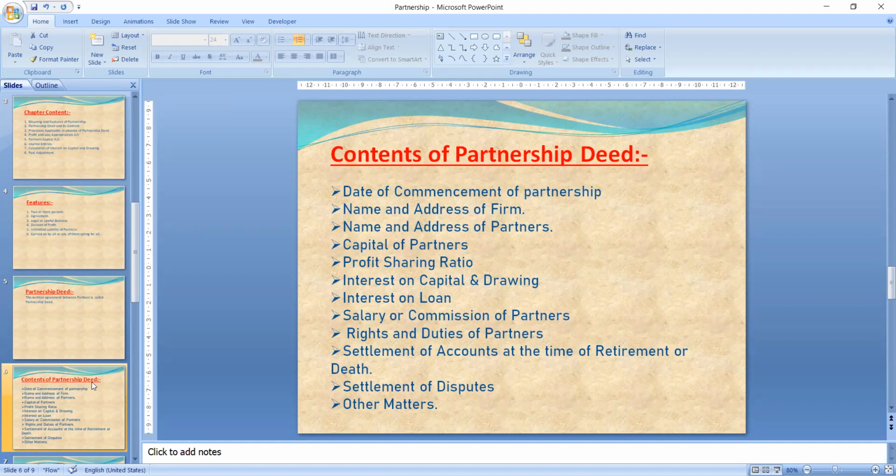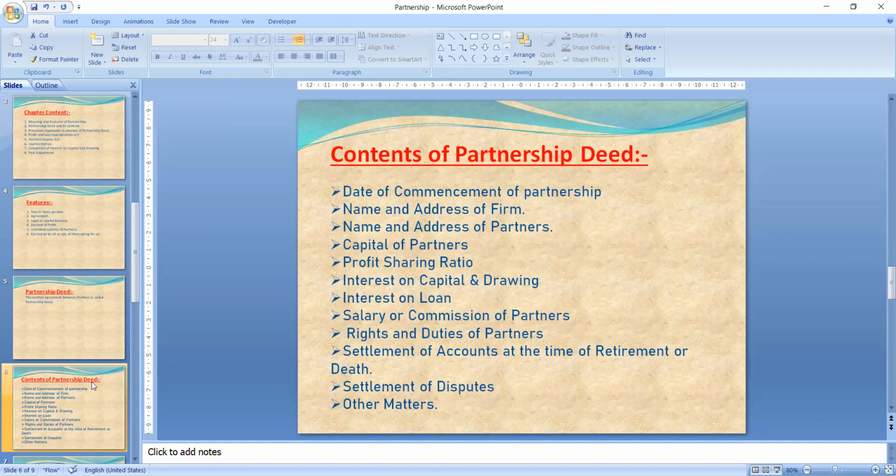Let's say A and B are making a partnership deed. There will be a line that A, resident of this place, is the first party, and B, resident of this place, herein called the second party, and this partnership deed is between them.